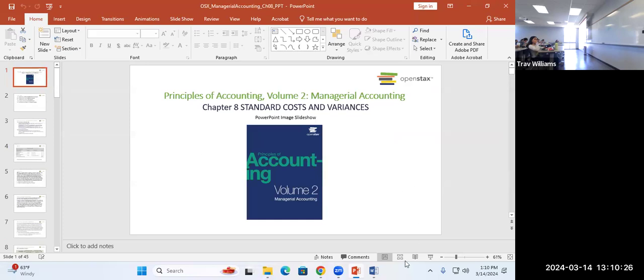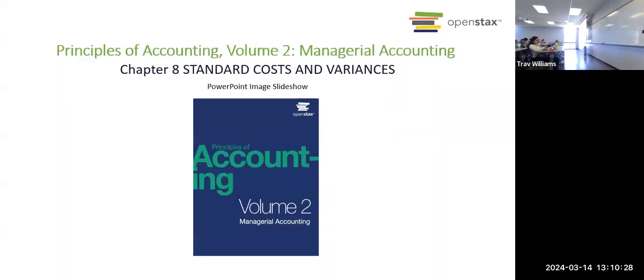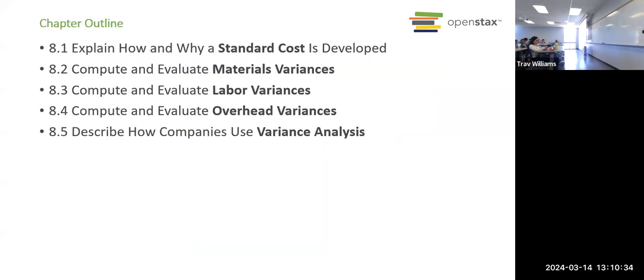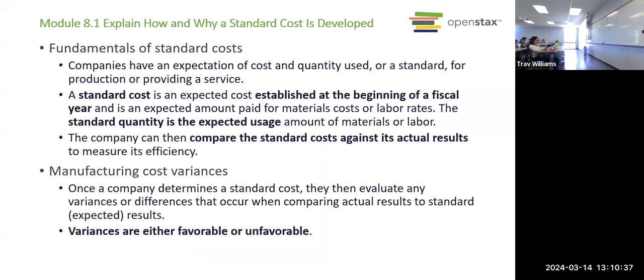Okay, so let's start with our review. Standard costs and variances. All right, so we understand that companies need standards, right? So that you know how to judge your performance, and so you can budget. You have to have an idea of what your costs are going to be so that you can plan a budget.